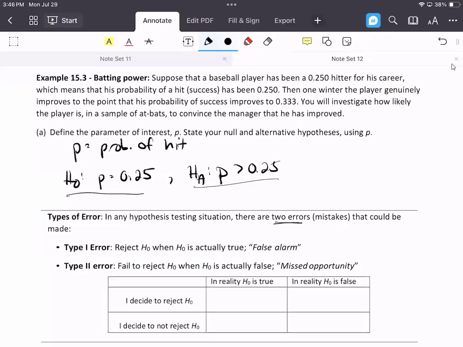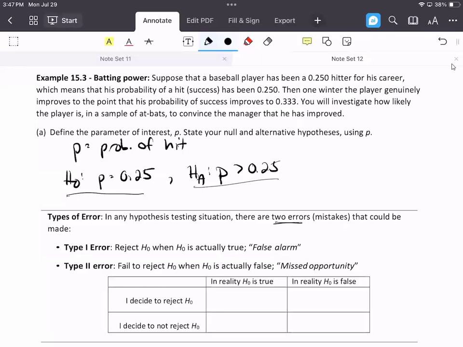A type 1 error is when we reject the null when it's actually true. Let me try that again. Type 1 error, we reject the null, H naught, when the null is actually true. And that's a false alarm. For instance, if you take a COVID test and it comes back positive, but you actually don't have COVID, that's a false alarm.